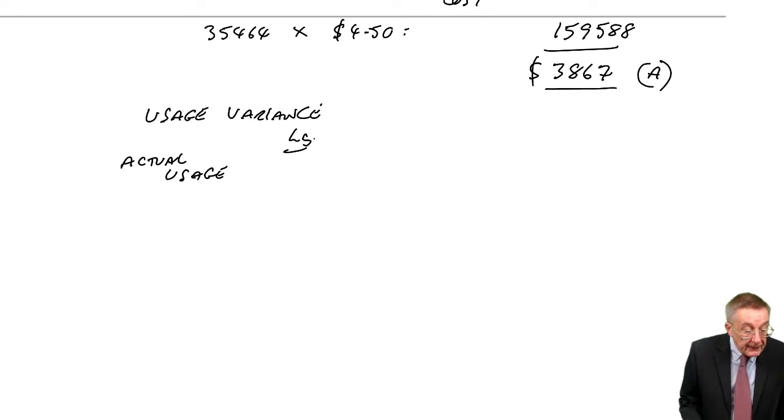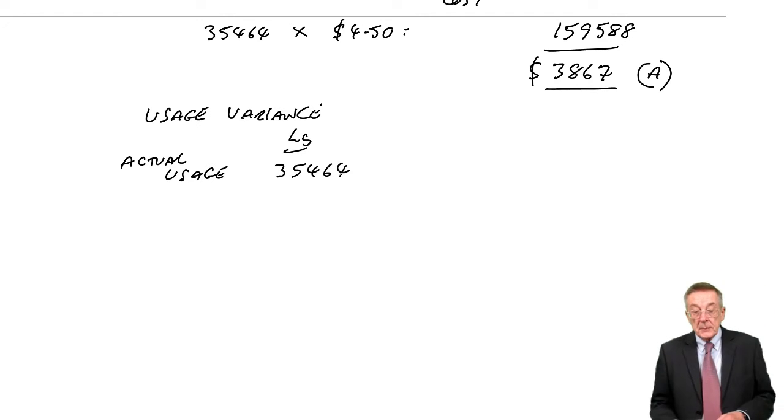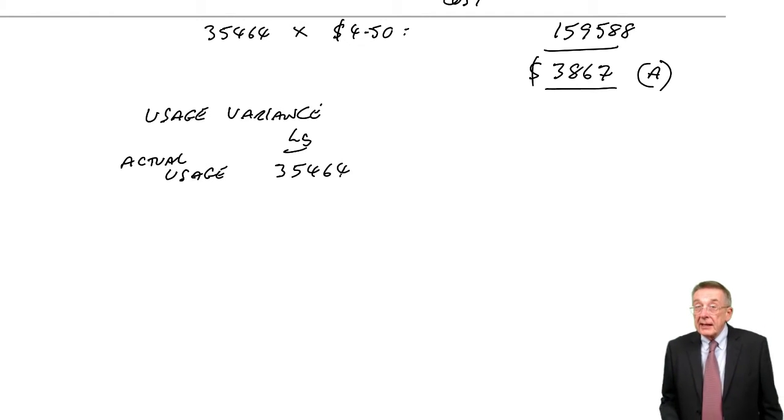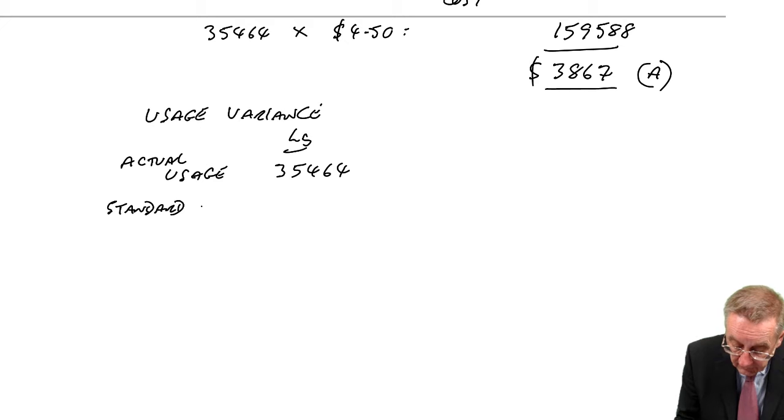How many kilos did we actually use? Again, from the question, it was 35,464. We'll compare that with how much we should have used, the standard usage for the actual production.